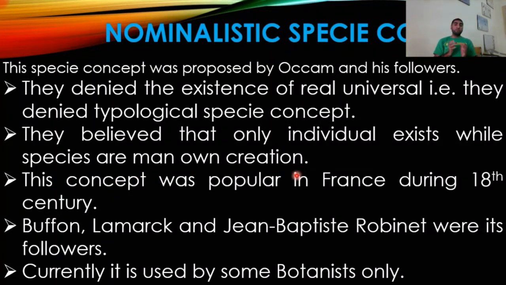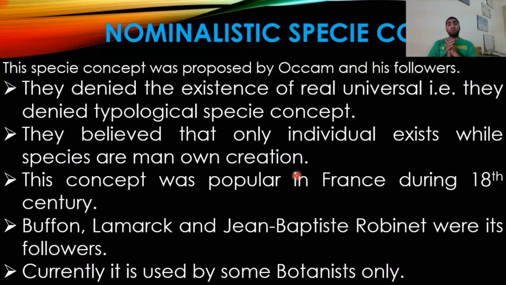So according to them, there are no species. They say there is no existence of species, because the term species is the creation of human beings. Human beings have created these concepts or terminologies. So there is no such thing as species.